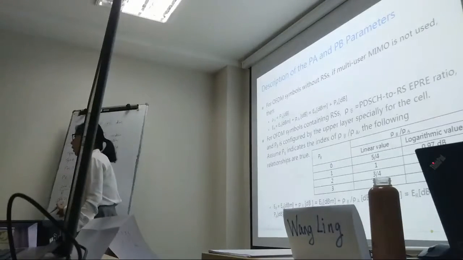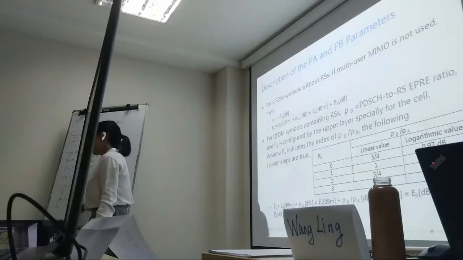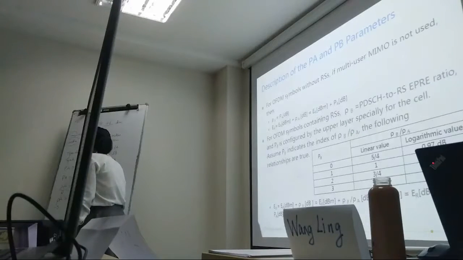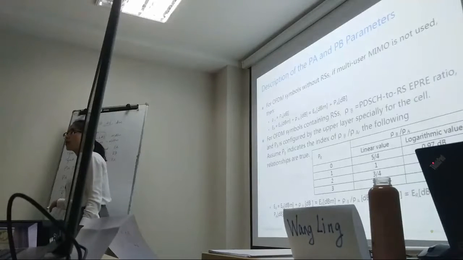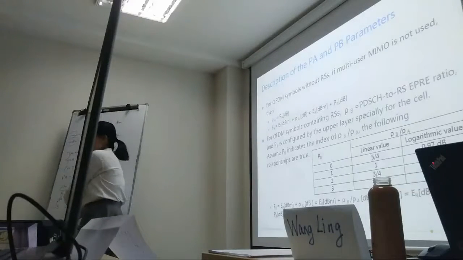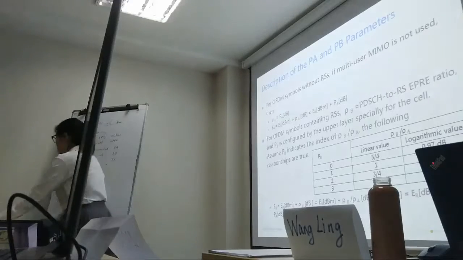If I get the PA, for example, PA is -3, and we get the reference signal, for example, 15.2 dBm, I will know that for the data service, the RE is 12.2 dBm. So the calculation is easier. That is why we use PA.